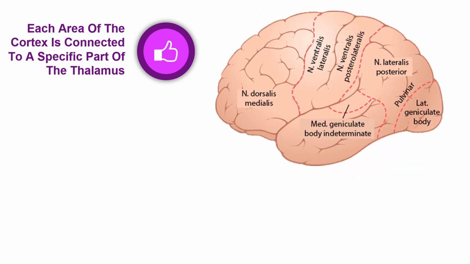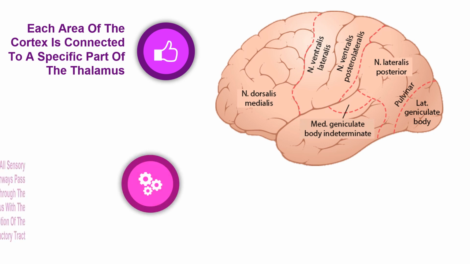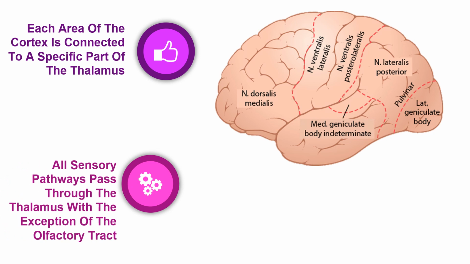Thalamus plays an important role in connecting all the areas. Each area of the cerebral cortex is connected to a specific part of the thalamus. All the sensory pathways pass through the thalamus with only the exception of the olfactory tract.